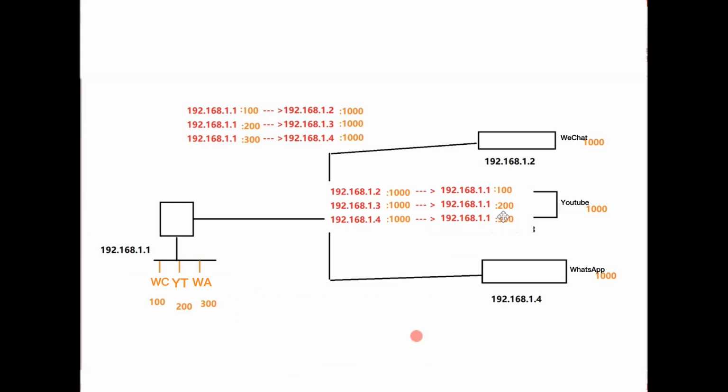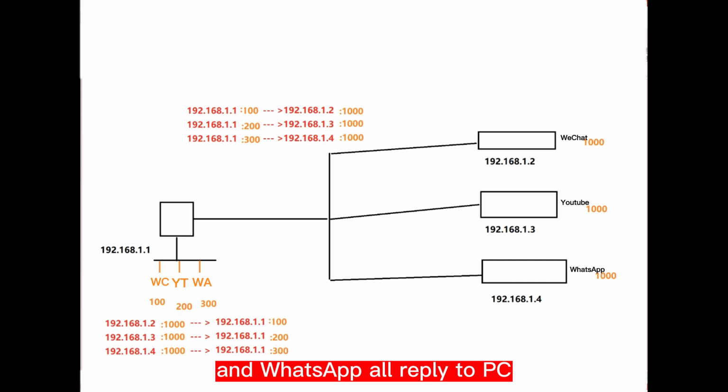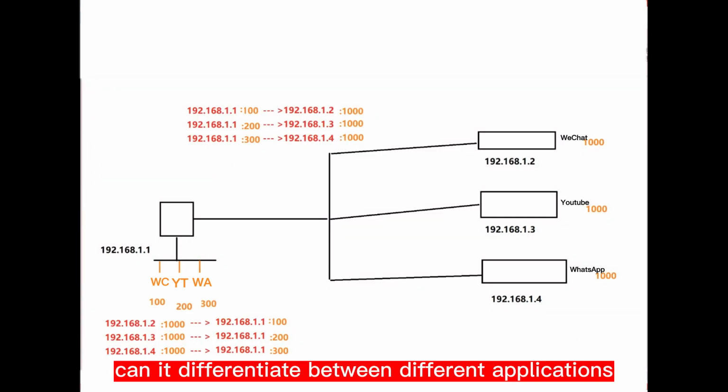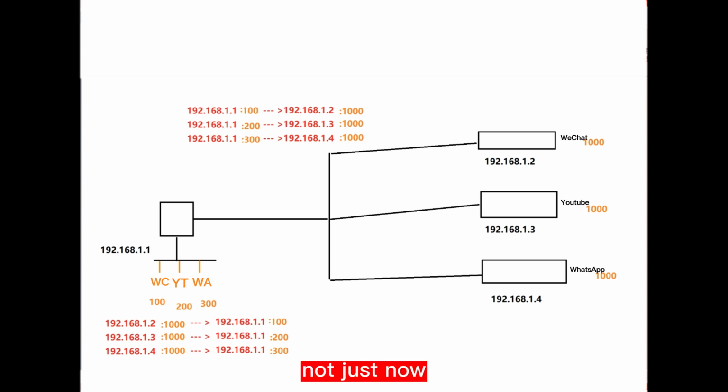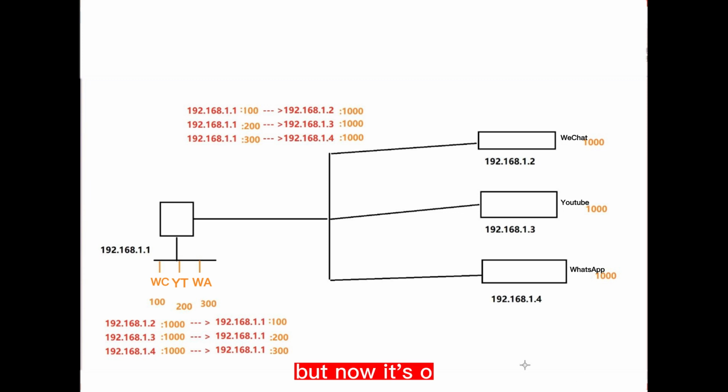Let's see now. WeChat, YouTube, and WhatsApp all reply to the PC. When the device receives this data, can it differentiate between different applications? Not just now, because there is only one address, it does not distinguish between applications. But now it's okay.